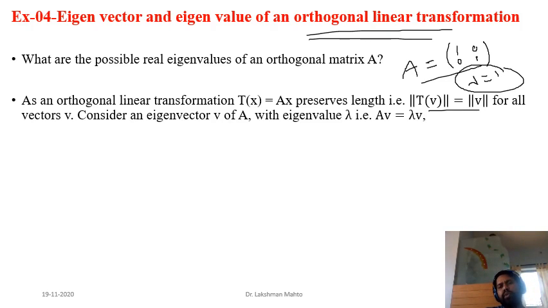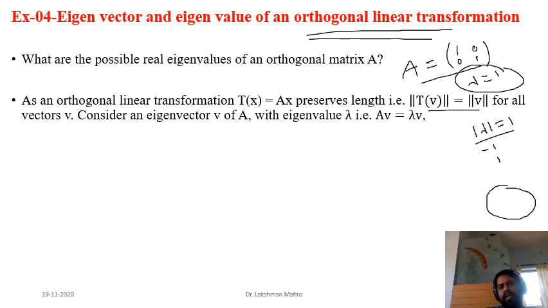There are only two possible real eigenvalues, -1 and 1. And if you talk about complex eigenvalues, those would have magnitude 1. That means they would be on the unit circle.